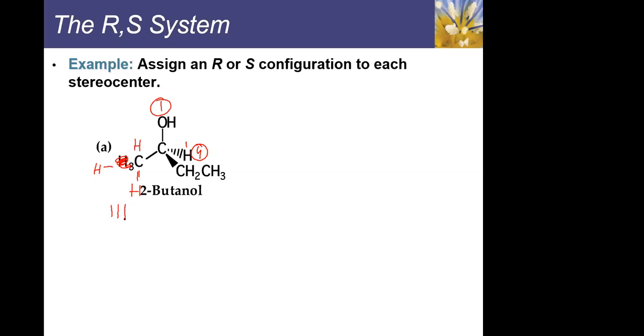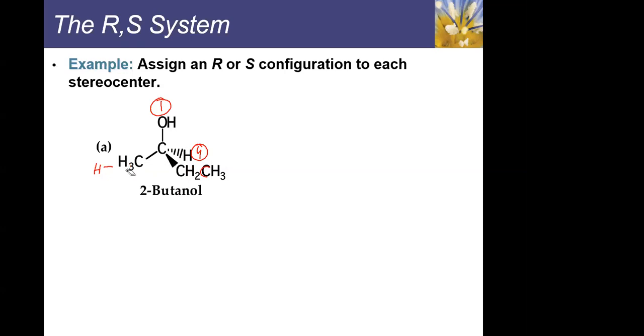If I open it, this will be H, another H here, and then I have C over here. So this will become 1, 1, 6. Should I give priority to this or to this? I'm going to erase all this so that it is clean, so that we decide if it is R or S.